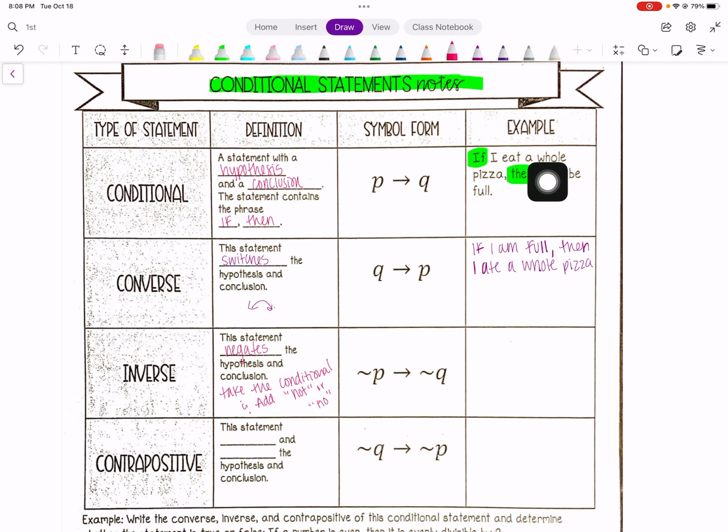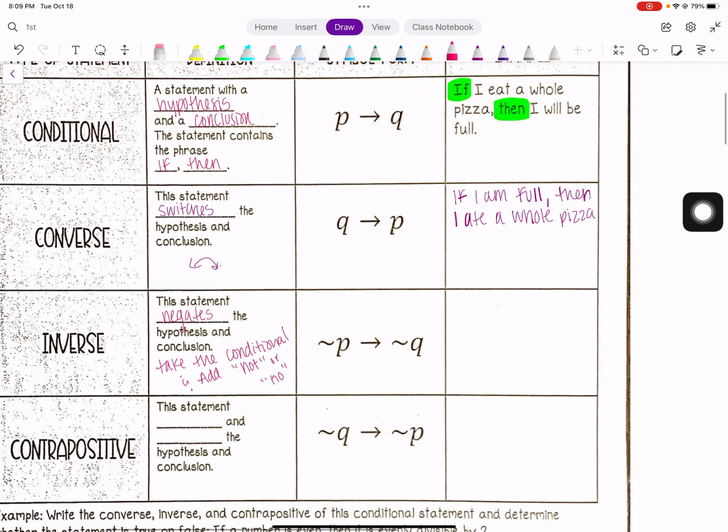Okay, so if I eat a whole pizza, then I will be full. So if I do not eat a whole pizza, then I will not be full.